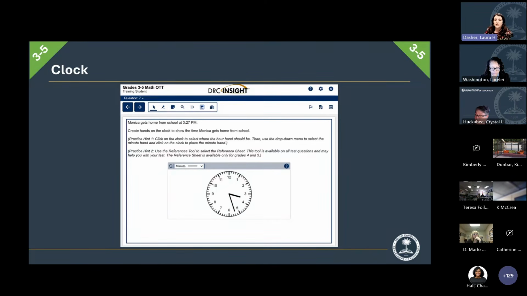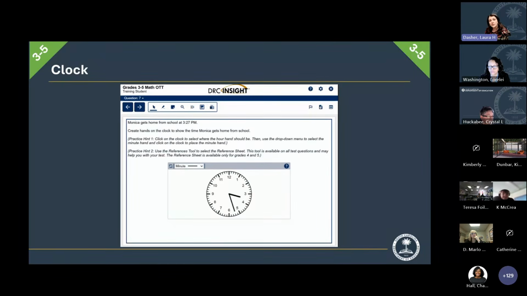The student is expected to respond by selecting the correct locations of the hour hand and minute hand on an analog clock face. This will just be for grades 3 and 4. In this video, be sure to take note of the placement of the hour hand. That will definitely be something you want to practice with your students during your time unit, during review, morning work, whatever is your typical system in your classroom.